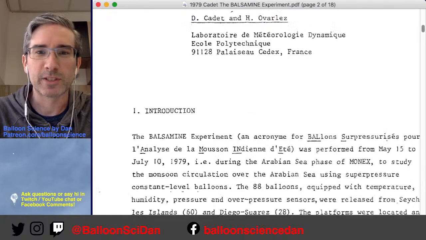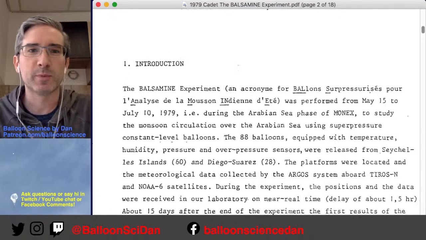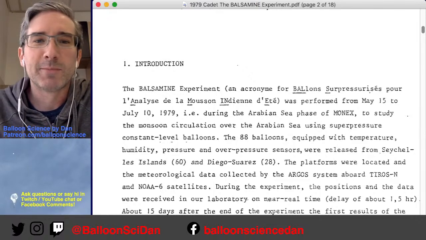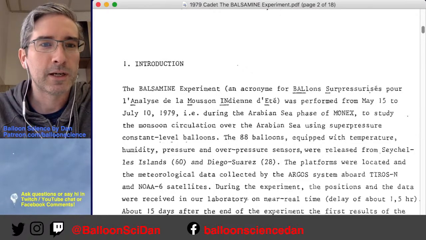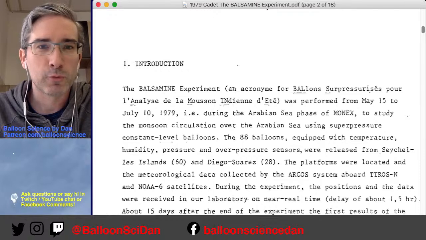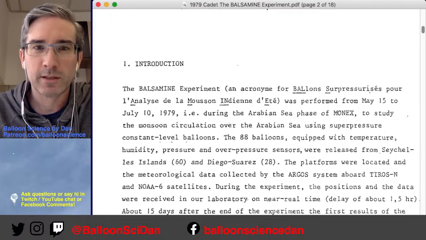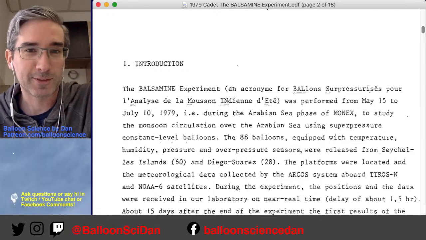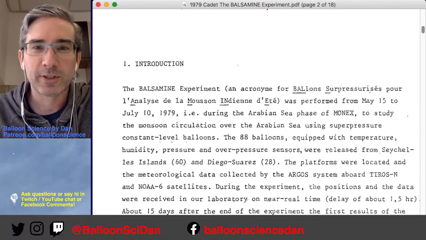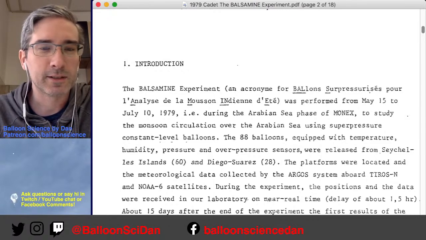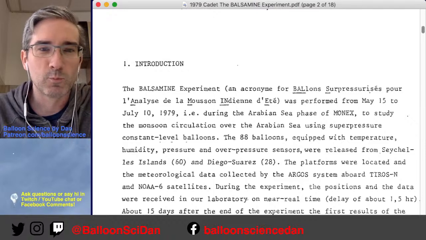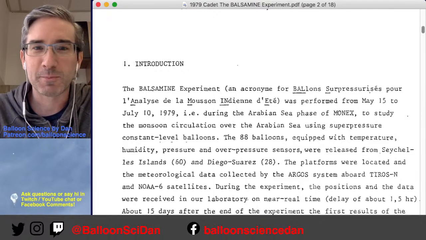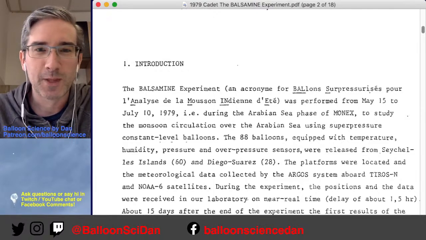Right away we see the BALSAMINE Experiment is an acronym for Balloon Superpressure pour l'analyse de la mousson indienne d'été. I think I pronounced that close. So it looks like superpressure balloons for the analysis of something in the Indian Ocean. Maybe the motion of the atmosphere over the Indian Ocean.